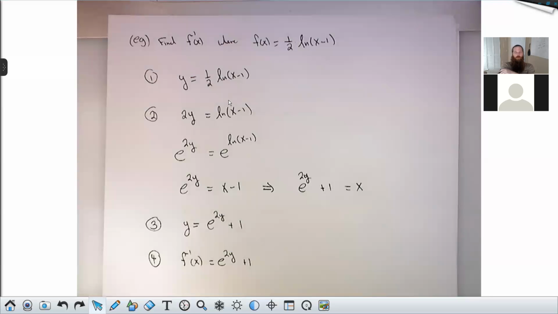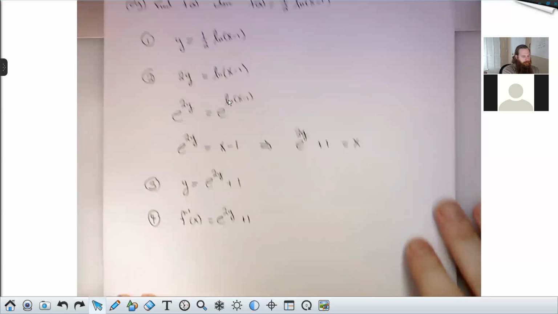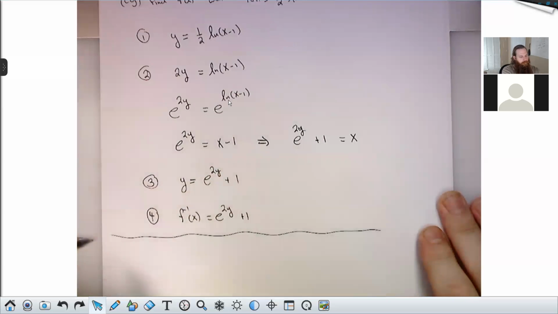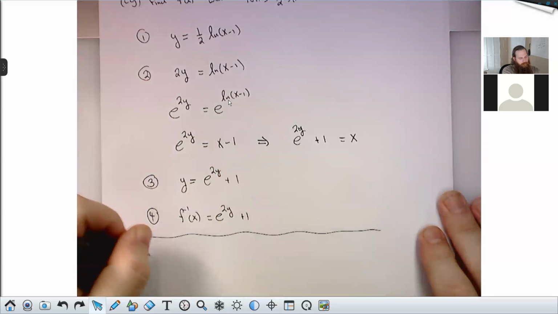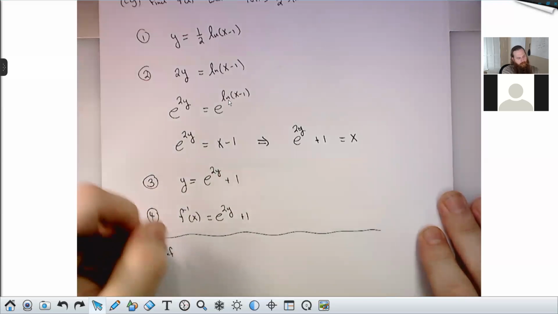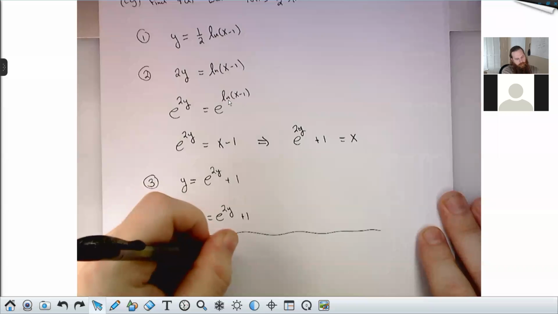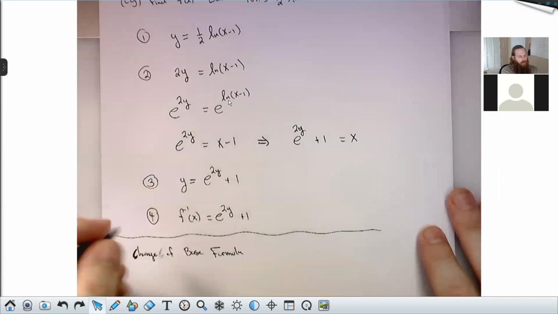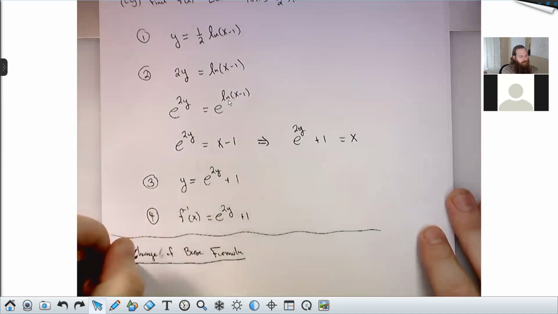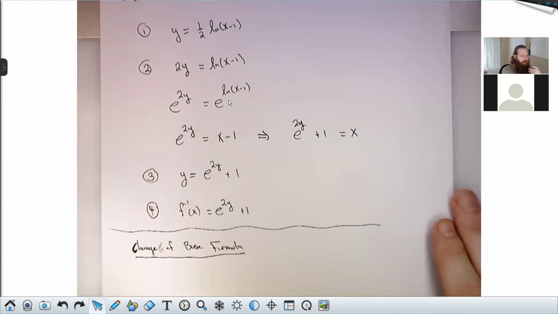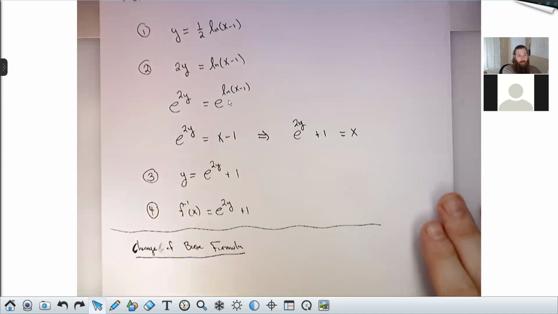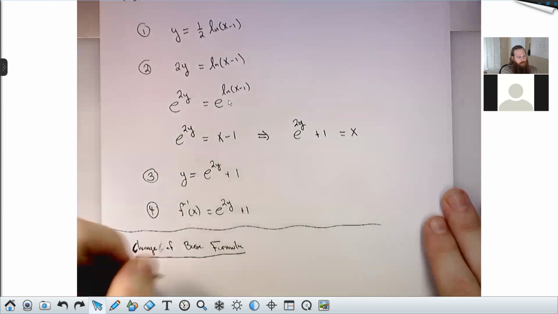So the last thing I wanted to show you is the change of base formula. Really, this is just a tool that allows you to rewrite a log of a given base as a log of a different base.